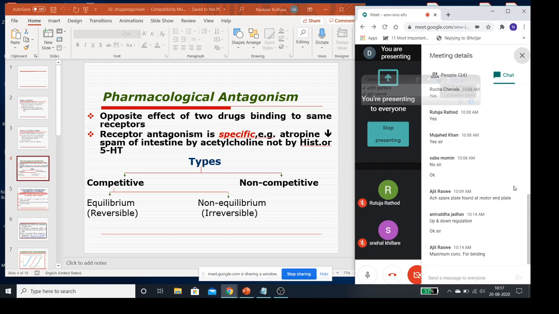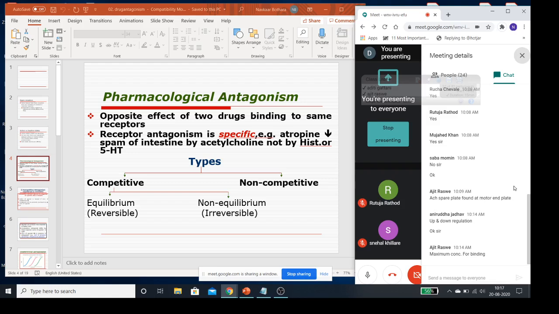So like that there are these combinations: competitive reversible, competitive irreversible, non-competitive reversible, non-competitive irreversible. Mind well, when we say non-competitive reversible or irreversible, it doesn't mean that it is competing with the agonist. Reversible or irreversible only means that the bonding is either weak or strong.